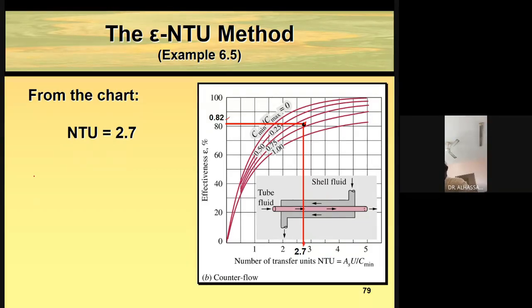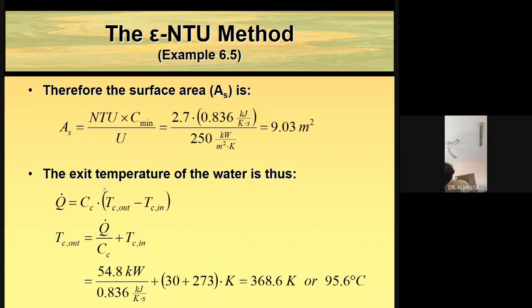So now you equate this 2.7 to the surface area of the heat exchanger times U divided by C minimum. You understand? So now this surface area is given by this. Then to determine the temperature at the outlet for the cold we also use this equation.